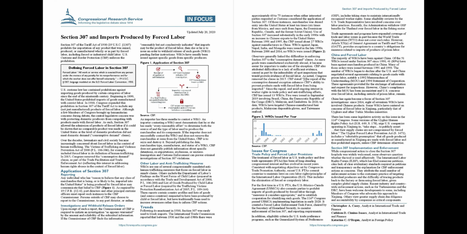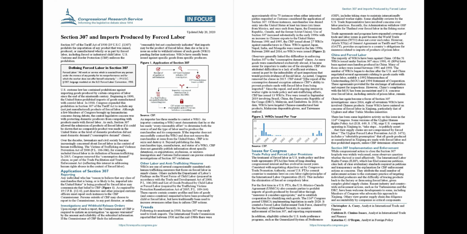The Victims of Trafficking and Violence Prevention Act of 2000, PL 106-386, for example, included forced labor in its definition of human trafficking. In 2015, Congress removed the consumptive demand clause as part of the Trade Facilitation and Trade Enforcement Act, reflecting this interest in addressing human rights abuses in the context of forced labor.